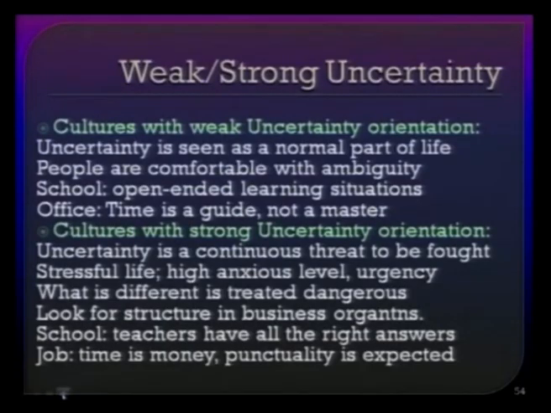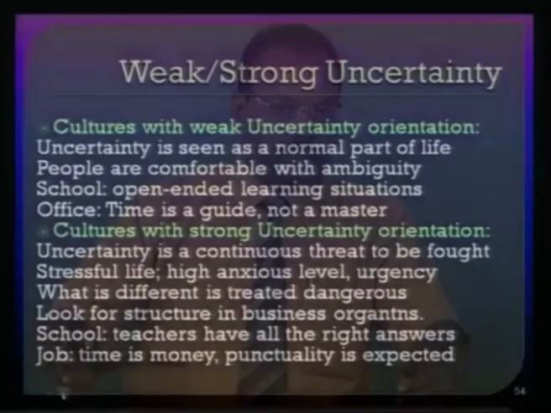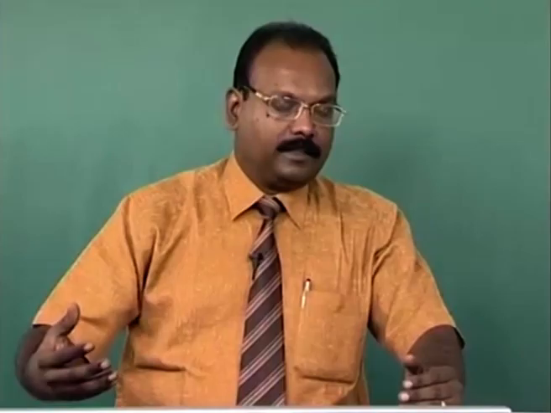So, in cultures with weak uncertainty orientation, uncertainty itself is seen as a normal part of life, it is seen as a norm, it is not something that is deviating, and people are comfortable with ambiguity. People are not threatened by situations which have more than one meaning, which are ambiguous, where things are not very clear, things are unknown.